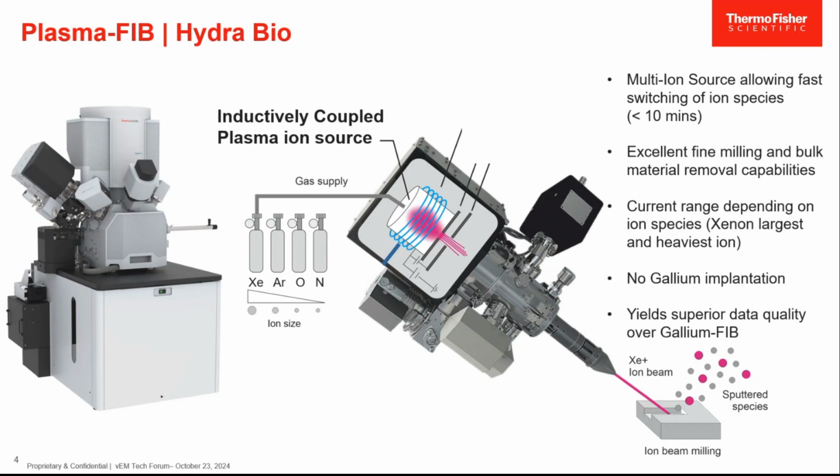I'll explain why I see them as more beneficial and not just cool to have 4 different species, but for volume EM, when you think of these 4 species, oxygen is going to be your champion. Working with plasma instead of gallium, we have a much more efficient rate of milling, which we'll discuss, and one other really nice advantage, which I'd like to keep a surprise for about 4 more slides.